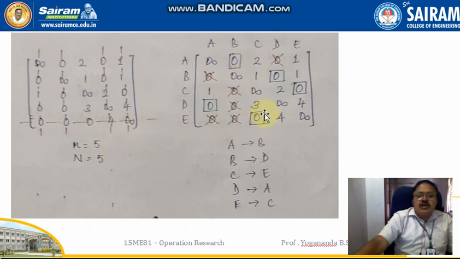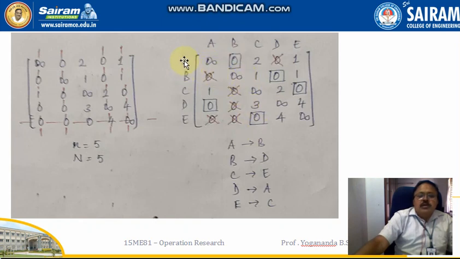First assign single zeros, that is, search each row or column to find where only one zero is present in the column or row. First assign that particular zero, then the other zeros in that particular row or column must be crossed out, as we have seen in the earlier problems. Now the assignment made will be like this.